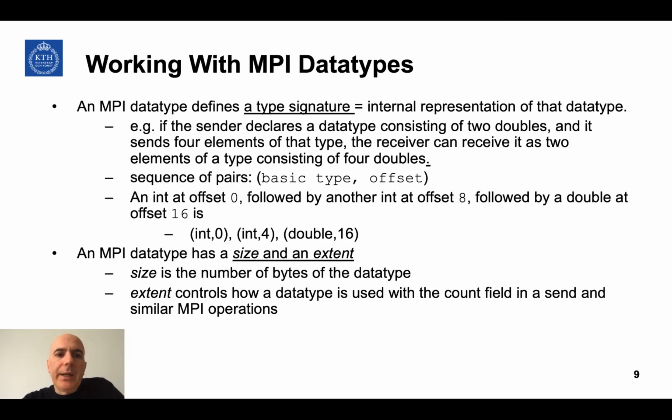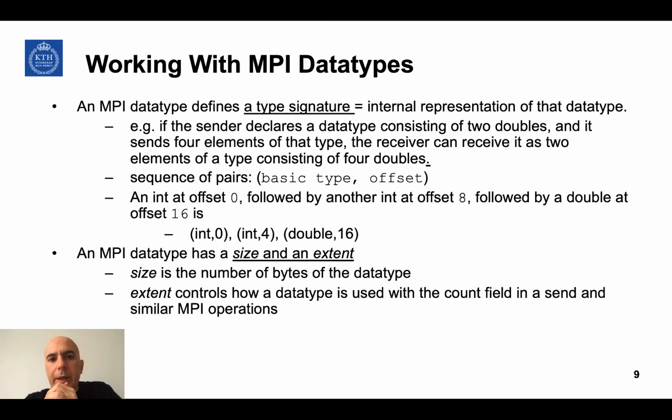So an MPI data type defines a type signature, which is an internal representation of the data type. For instance, if the sender declares a data type consisting of two doubles and sends 4 elements of that type, the receiver can receive it as 2 elements of a type consisting of 4 doubles.